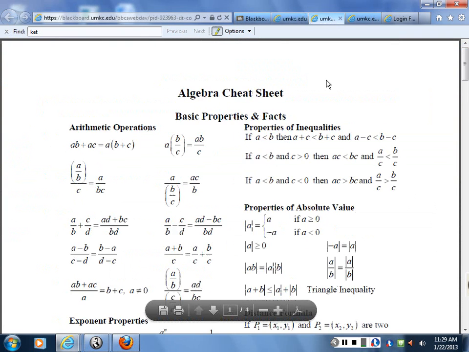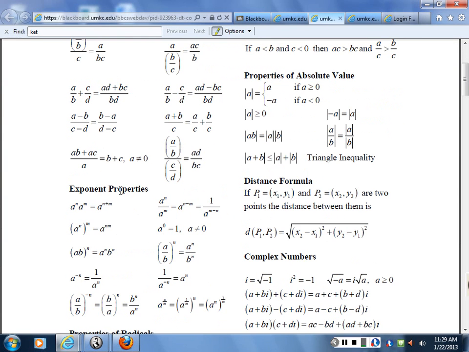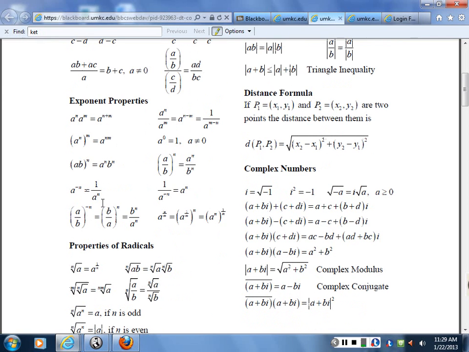So Algebra cheat sheet, basic properties, how do I simplify a fraction divided by a number? So I can write it like this. Various different things. Things that you're like, yeah, I knew that. Sometimes we think we remember them correctly, and then we end up not remembering them correctly. So this is just there to verify you're doing it correctly.